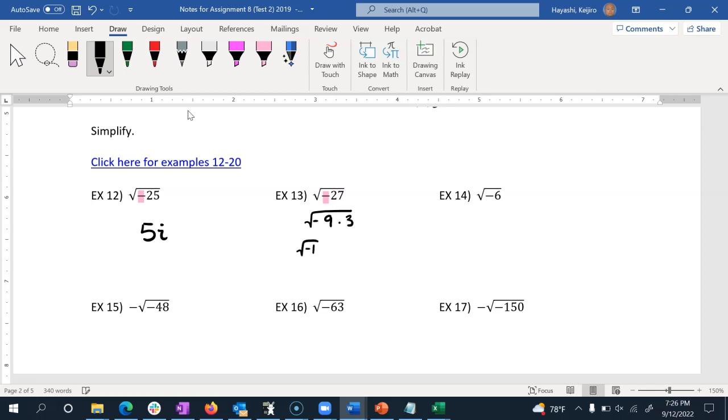You can either remember that the negative sign is going to give you an I at the very end, or you can factor out a separate negative 1 factor.